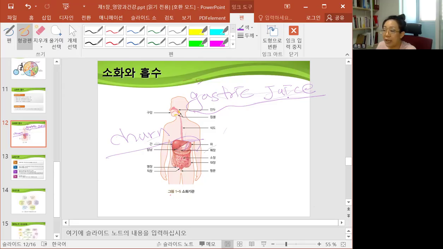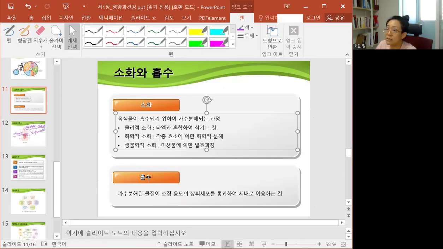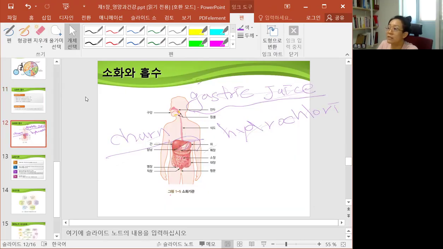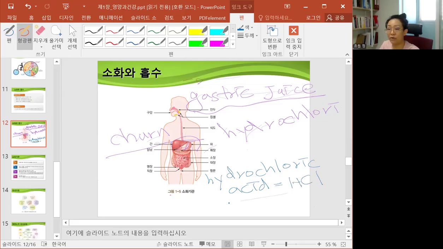hydrochloric acid, H-Y-D-R-O-C-H-L-O-R-I-C acid, or HCl, and digestive enzymes like pepsin.